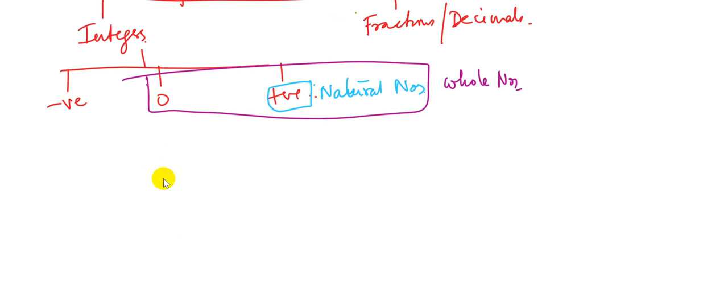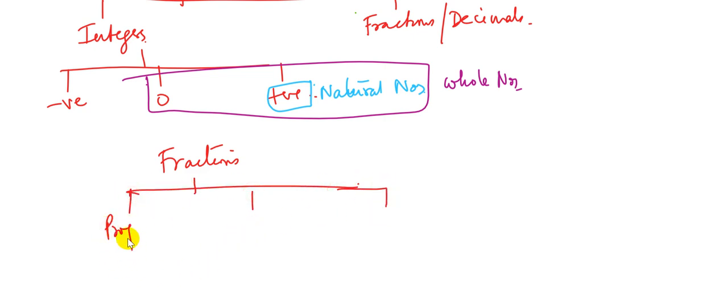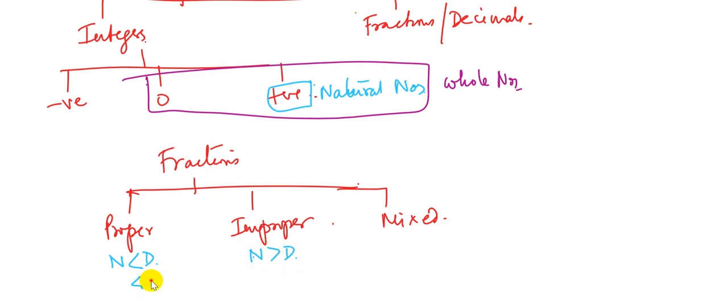Fractions are of three types: proper, improper, and mixed. Proper means where P is less than Q, the numerator is less than the denominator. Improper means numerator greater than denominator. So this is always less than 1, this is always greater than 1.